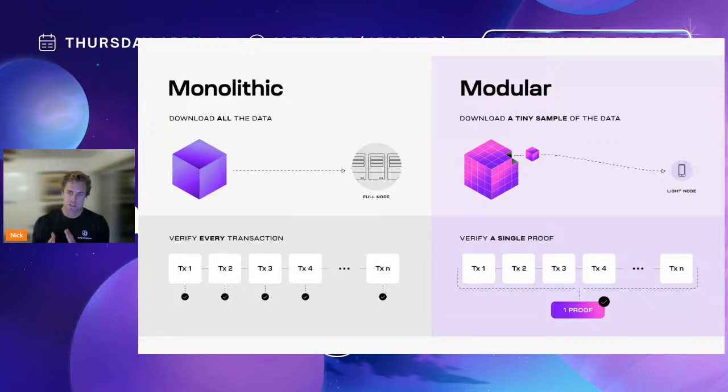In a modular blockchain system, because of two key technologies, which we'll talk about more later, data availability sampling and rollups, it totally changes the scaling properties of running a node, such that instead of downloading all the data, you can download just a tiny sample of it. And instead of verifying every single transaction one by one, you can just verify a single proof. Essentially, you can have the same security as running a full node with a tiny fraction of the computing cost and resources, by running a so-called light node.